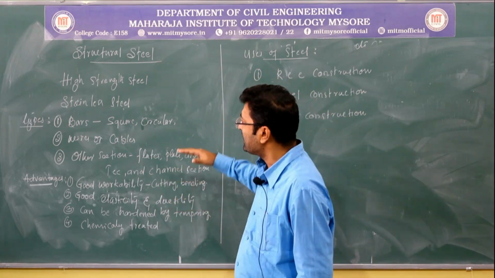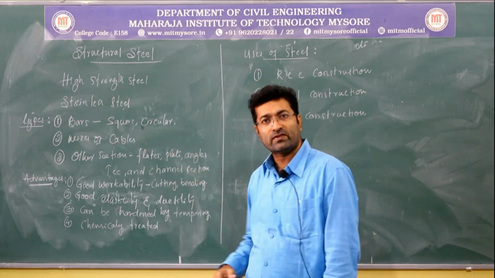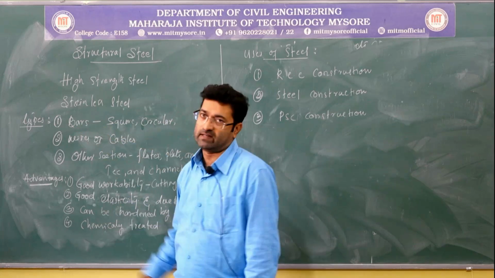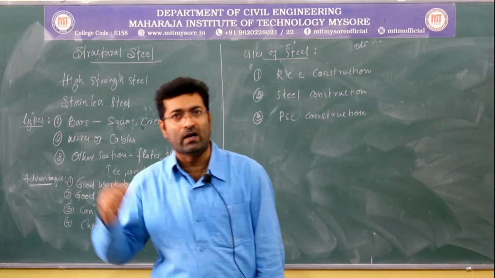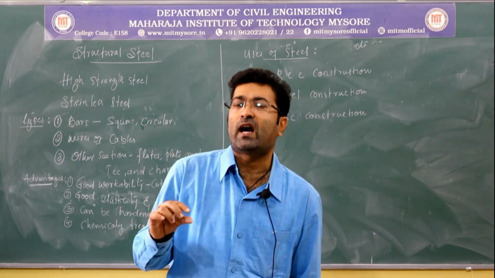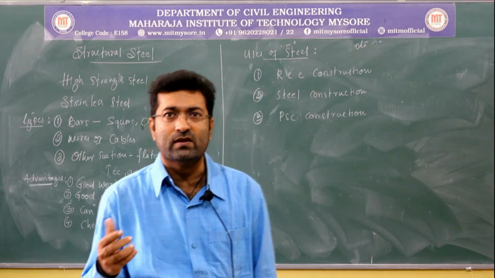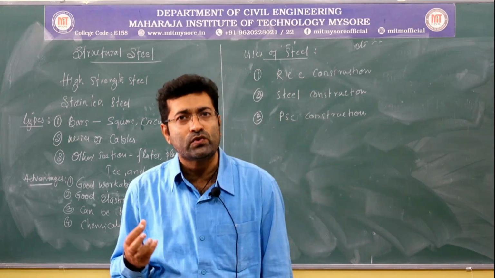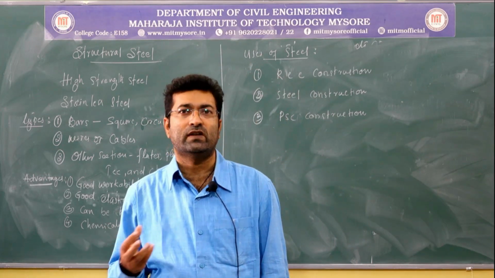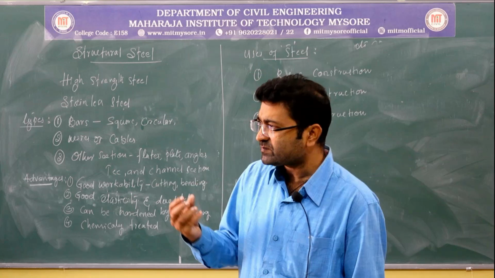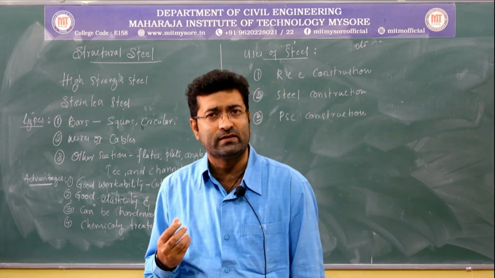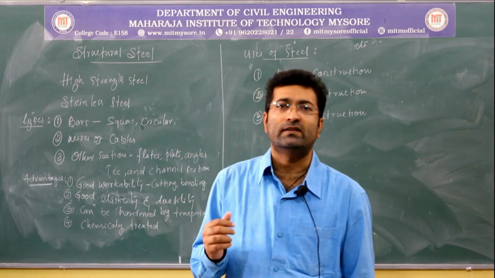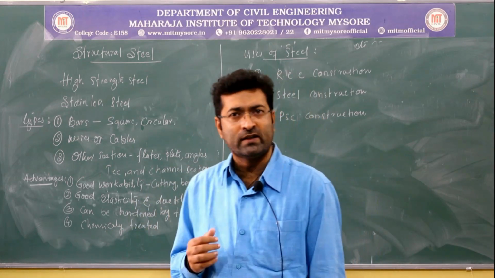As I mentioned, these are the types of steel available in the market. The first category is bars, like the straight bars. These straight bars may be square or circular in nature. Square bars we usually use for the construction of interior works, like window grills, staircase grills, or any other barriers.